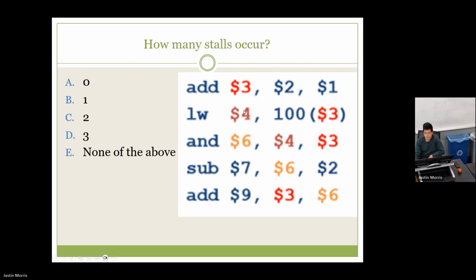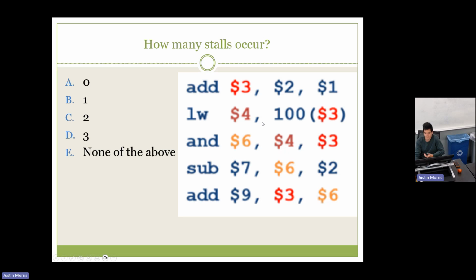But again, we can just forward from here, but we can't just forward from the load word, right? So we need to stall for this memory instruction. So this is my one stall.